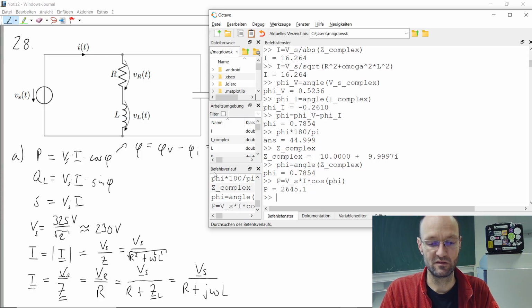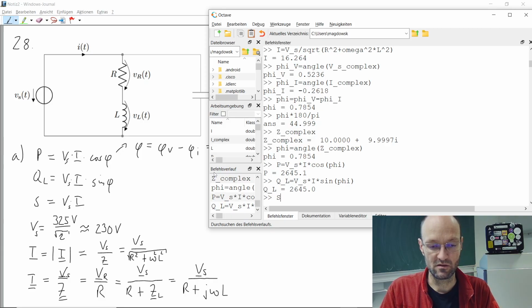Then we get this. This has the unit watt. Then we get the inductive reactive power. It's the same equation, but just with the sine function of this angle.